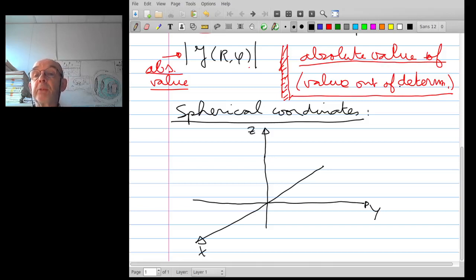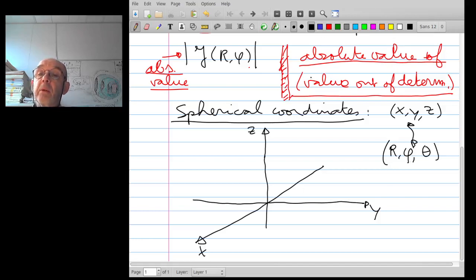Now, what to do for the spherical coordinates? You have the Cartesian coordinates x, y, z, and then the spherical coordinates. What do we have? You have a radius, a phi, and a theta. You have two angles.